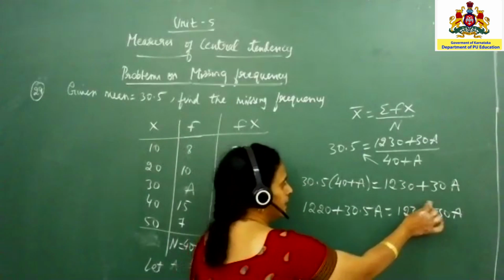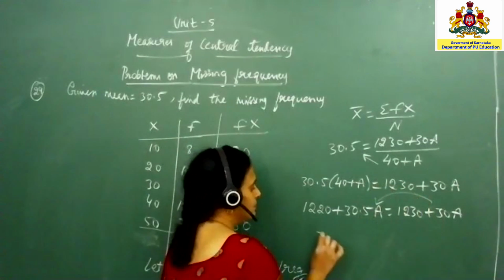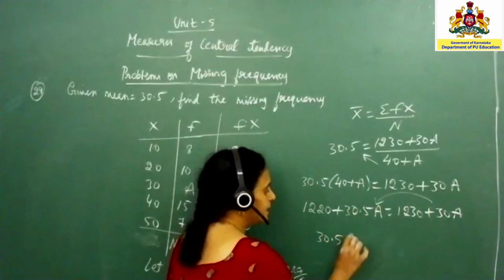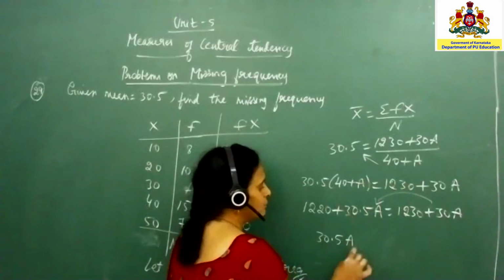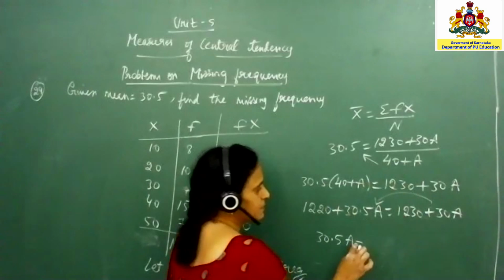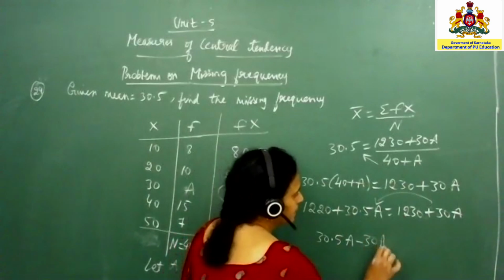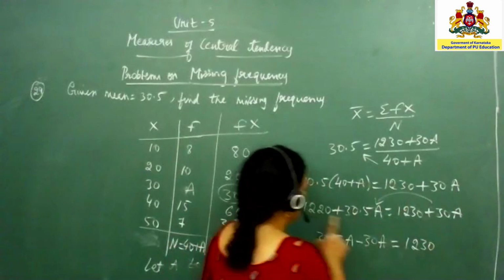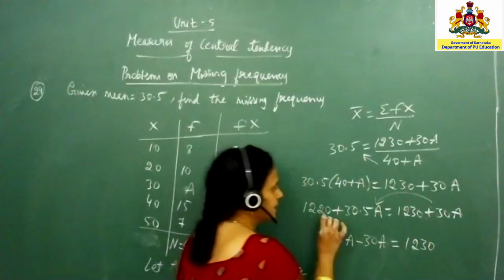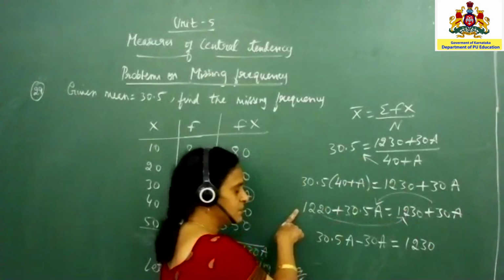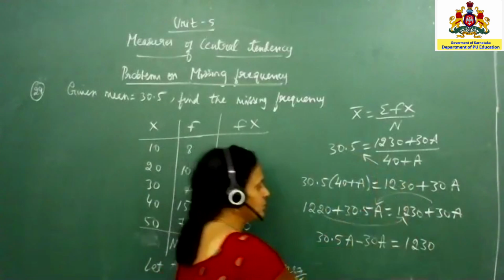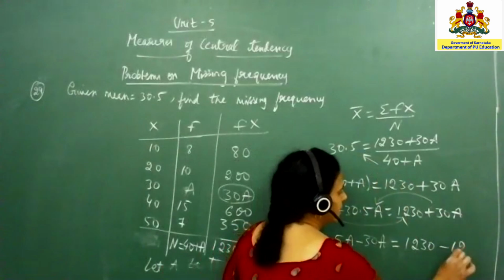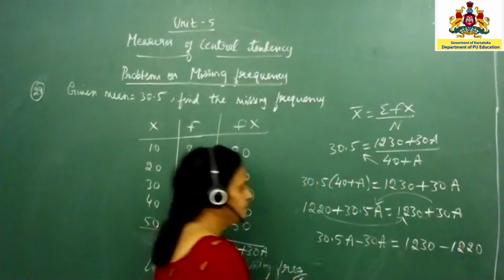So this 30a, I'll bring it to the left side. So 30.5a I'll keep as it is, and this one I'm bringing to the left side, so the plus symbol becomes a minus symbol. Right side you have 1230, and this 1220, which is plus, once it goes to the right hand side, becomes minus 1220.